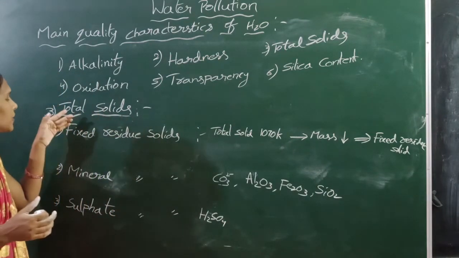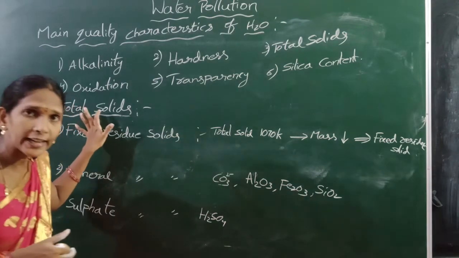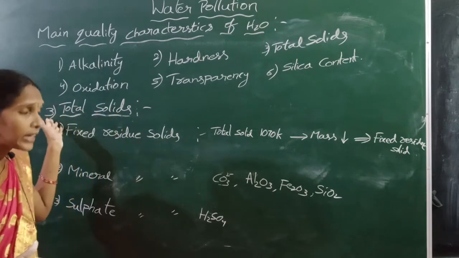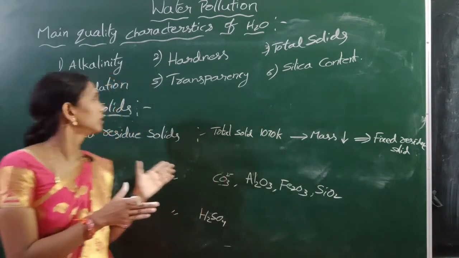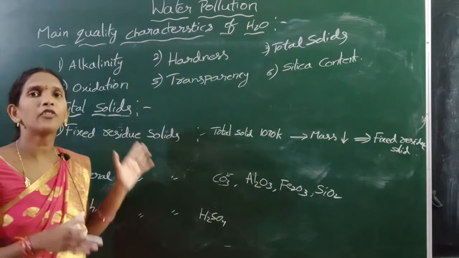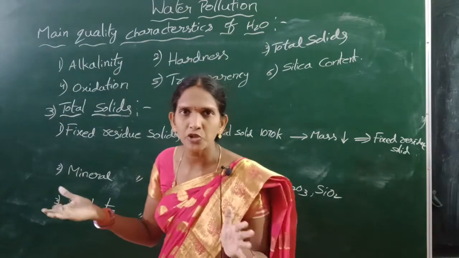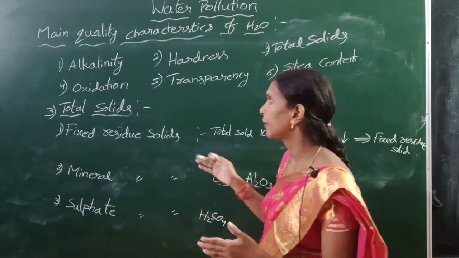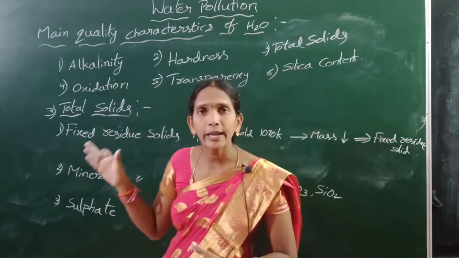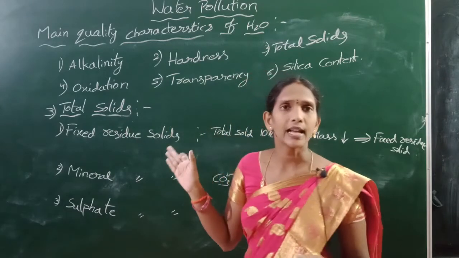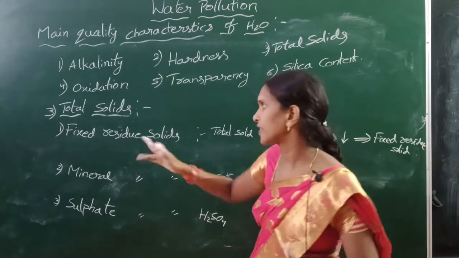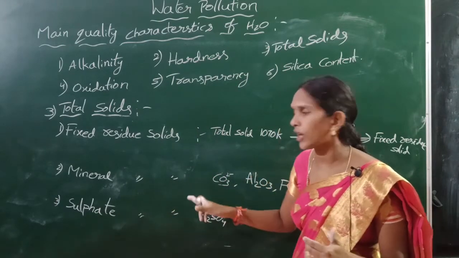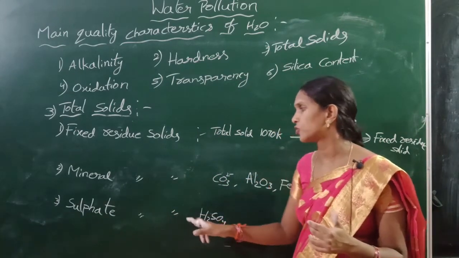If you determine the total solids in natural water, the bicarbonates of calcium plus 2 and magnesium plus 2 can be converted into carbonates. Then we have three important solids present in natural water. The first one is fixed residue solids, the next one is mineral residue solids, the third one is sulfate residue solids.